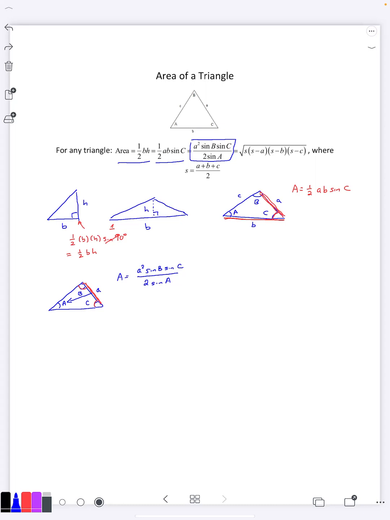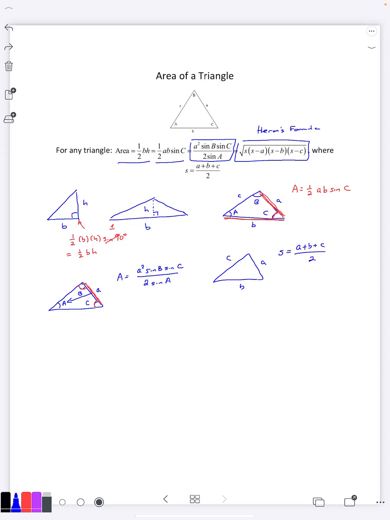Finally, this last one, which is actually called Heron's formula. This is the one that you can use to find the area of a triangle without knowing any of the angles. So just knowing the three sides, what you do is you first calculate the semi-perimeter, A plus B plus C over 2.